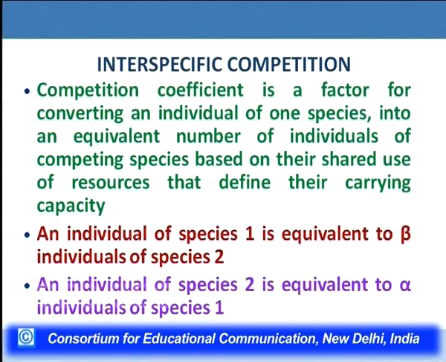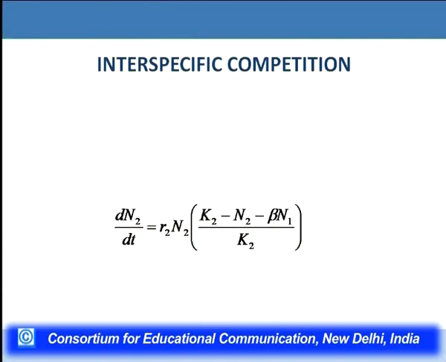This is very important, because we are converting individuals of one species into individuals of the other species using the competition coefficient.